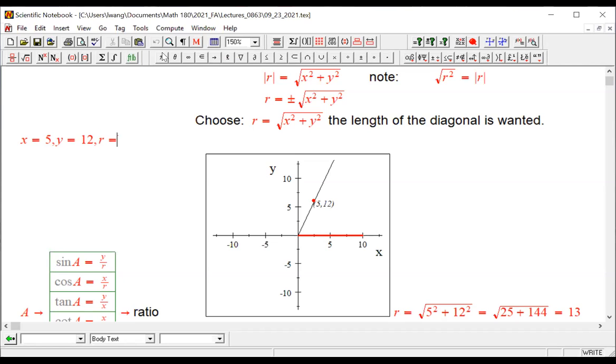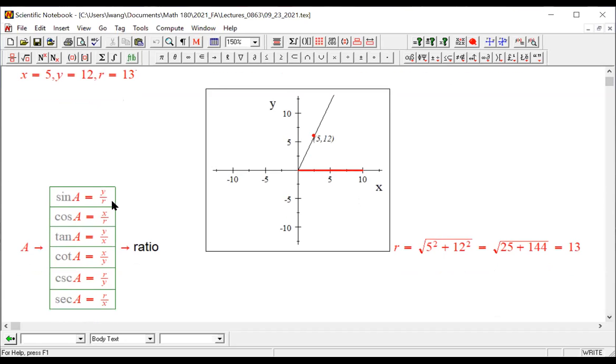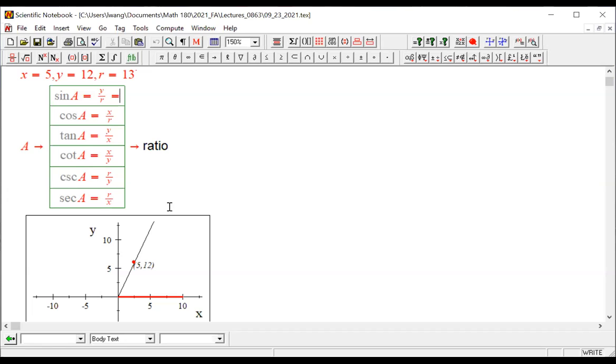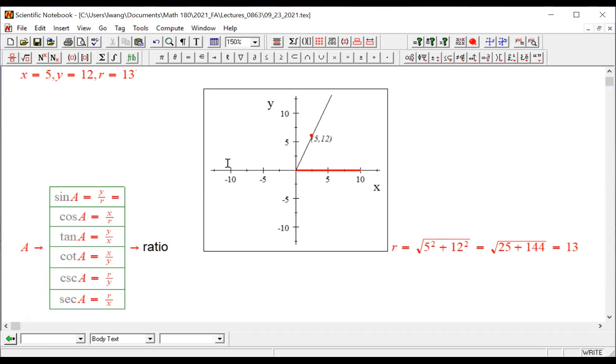And as a result, r is 13, right? r is always positive. And now let's produce these ratios.